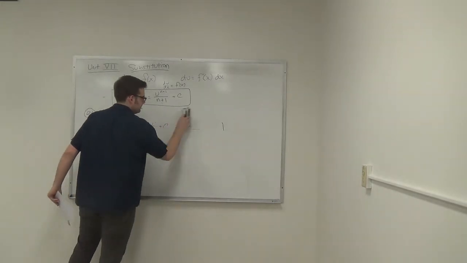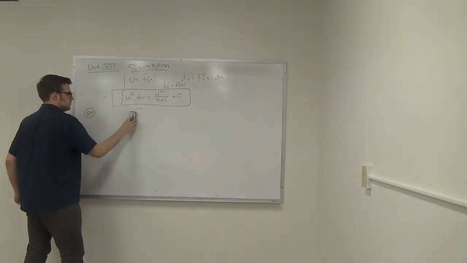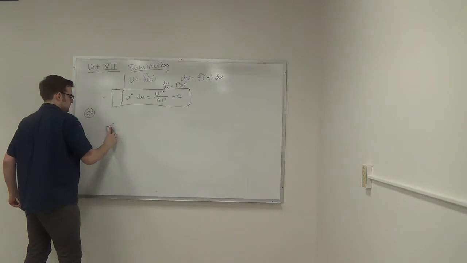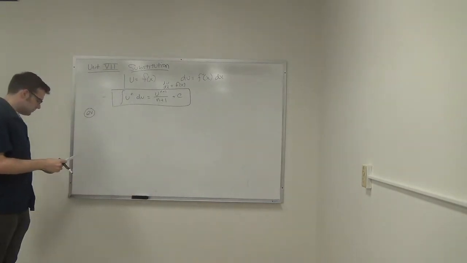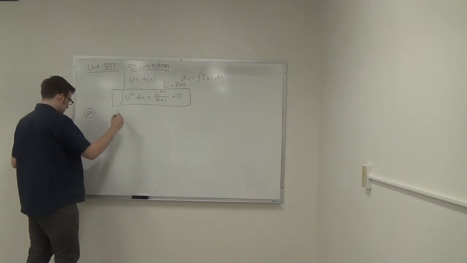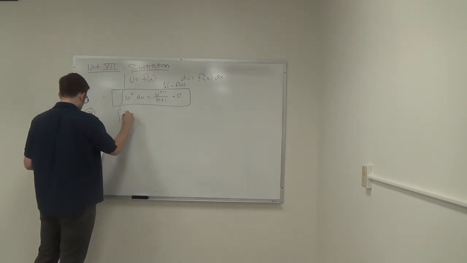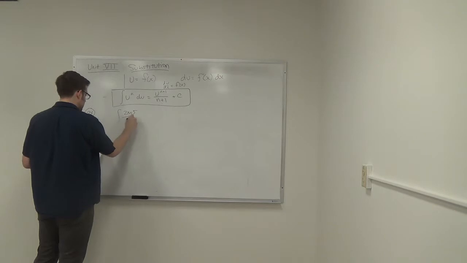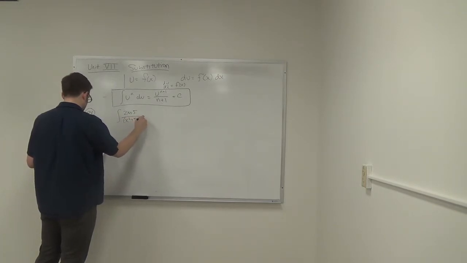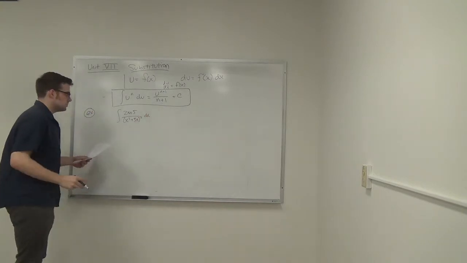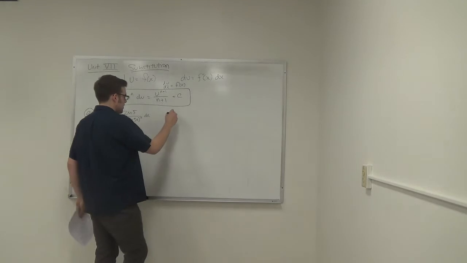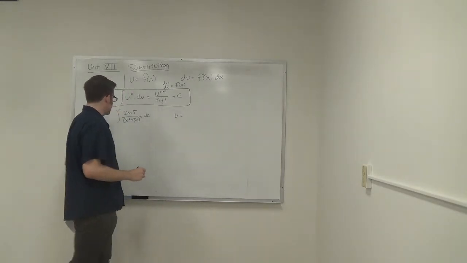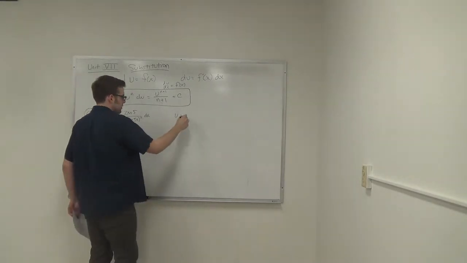Another example. So now we have u is equal to x squared plus 5x.